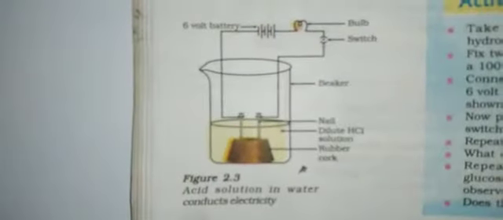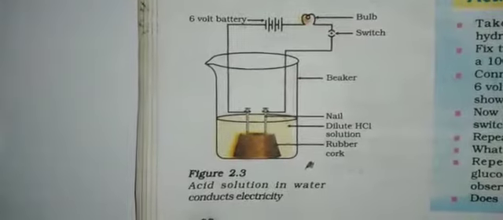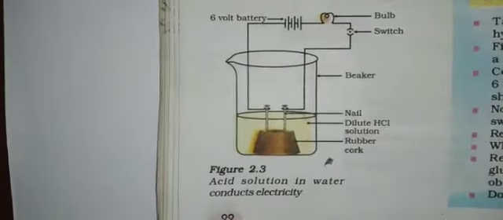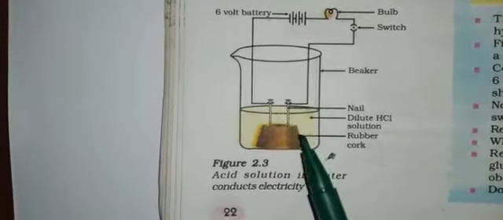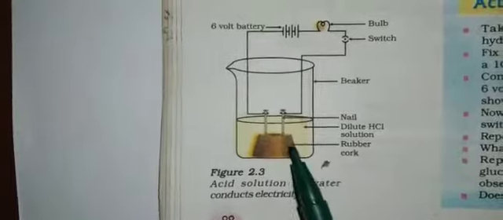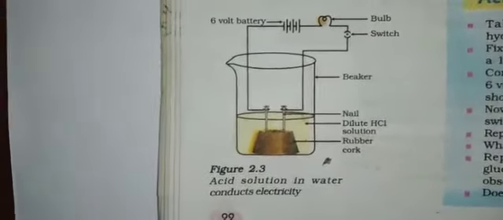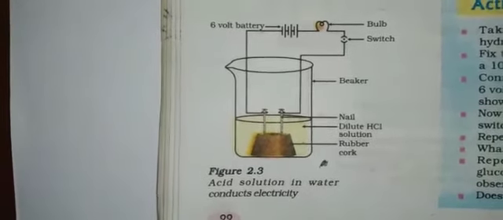So now you may be clear why alcohol and glucose do not conduct electricity: when you add glucose solution or alcohol solution, they do not split. They do not split when electricity is passed, so they do not conduct electricity and will not release ions.